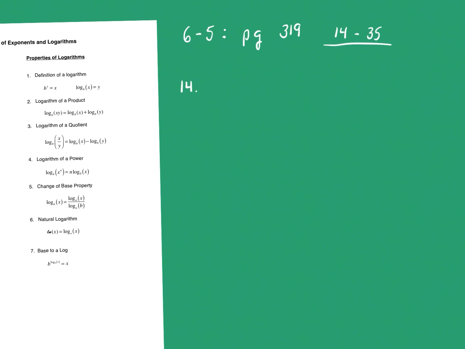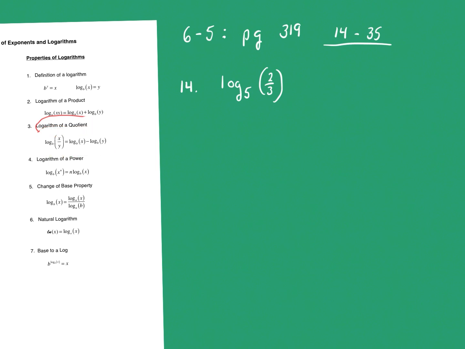They give us log base 5 of 2/3. And what they're asking for in this section, it says use the properties of logarithms to expand each expression. Well, here we have a quotient. So if you look over here on our property sheet, we have a logarithm of a quotient. So it's this one here.